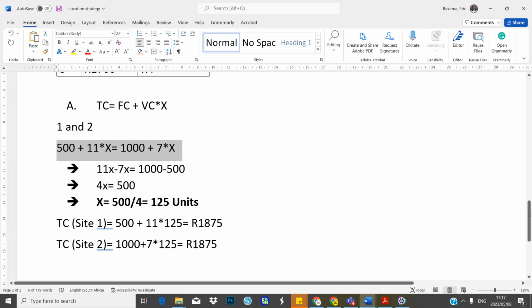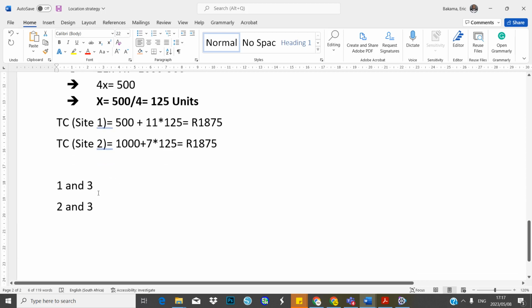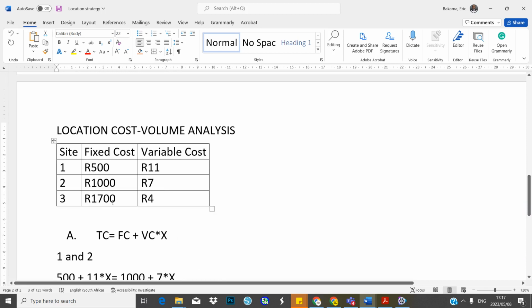So I'm still going to take this information here. Remember the fixed cost here was 500 plus 11X. Let me go back now to my third site. It's 1700, which is the fixed cost, and the other one is 4.